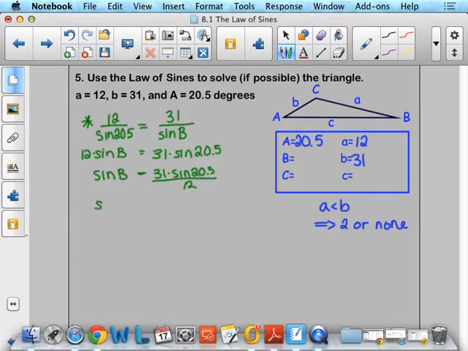Okay, so now we have sine of B is equal to 0.9047. Okay, so remember we're solving for an angle, so we have to do second sine of 0.9047. So if you plug that into your calculator, you should get 64.78.